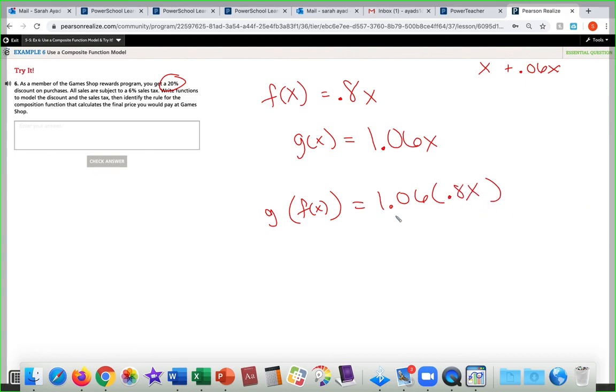I then multiply 1.06 times 0.8, and I get 0.848x. So this represents the amount I'm paying. So if I'm buying $20 worth of stuff, I plug in 20. If I'm buying $300 worth of product, I'm plugging in 300, and so on, to represent my 20% off, followed by my sales tax.